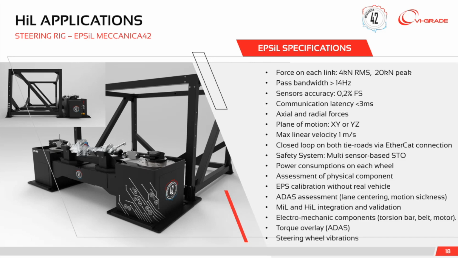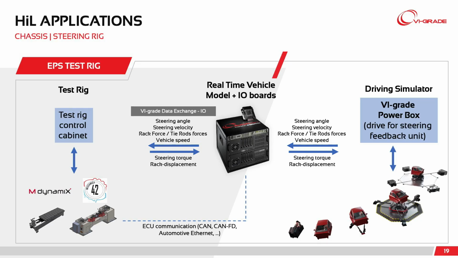But for both systems, the most important part is how they are connected to a real-time simulation station and driving simulators. Here, in the architecture schematic, you can see the real-time machine is at the core of the simulation, where everything runs.